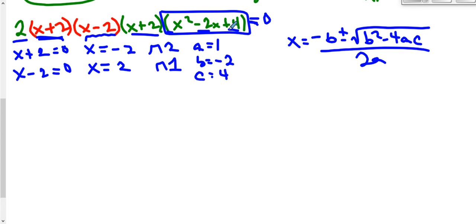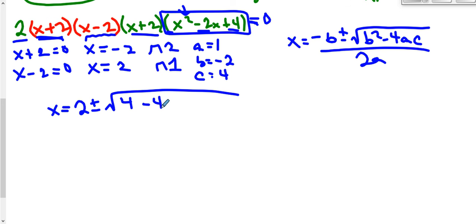We're going to have negative b, or the opposite of b. b is already negative, so I'm going to start with positive 2, plus or minus the square root of 2 squared. 2 squared is 4, minus 4 times a, which is just 1, times c, which is 4, all over 2a. A is 1, so it's just all over 2.